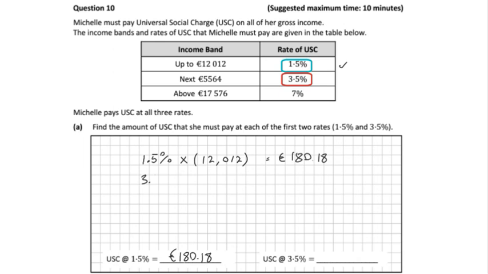You can find the percentage button in your calculator, use the second function, and use the percentage of 3.5% of 5,564, which is equal to 194.74. Very straightforward question, but we need to get these values right for the next part.